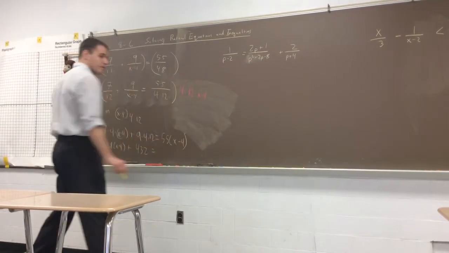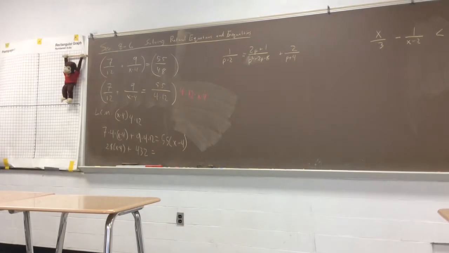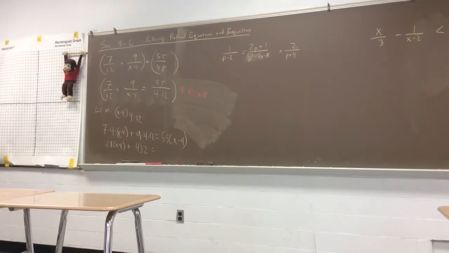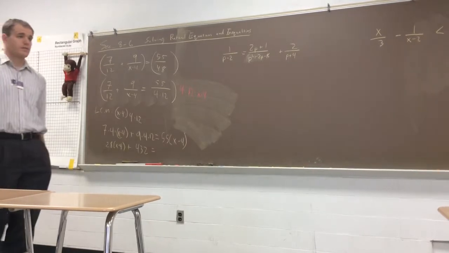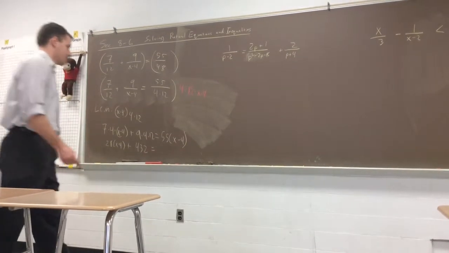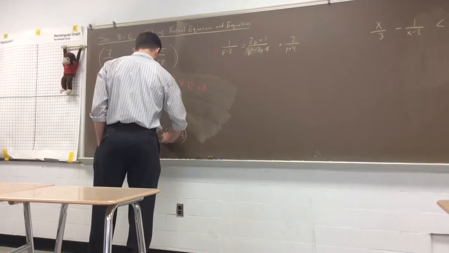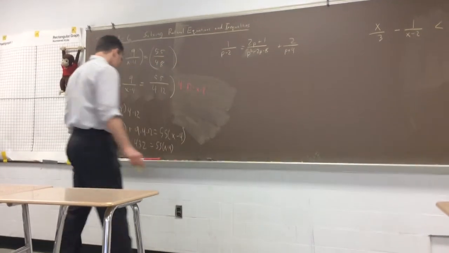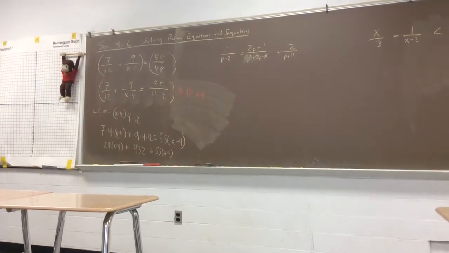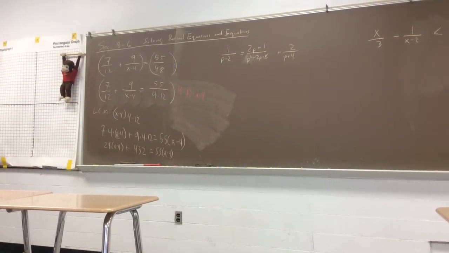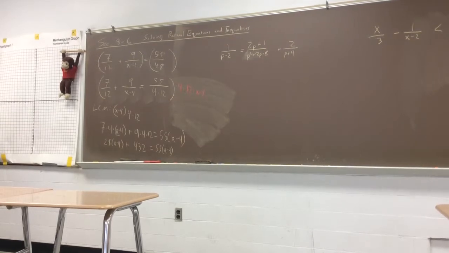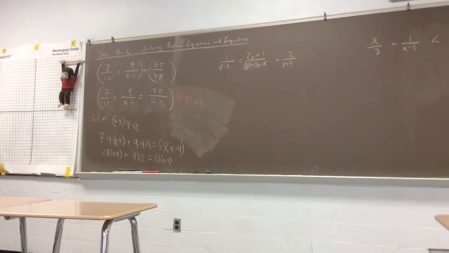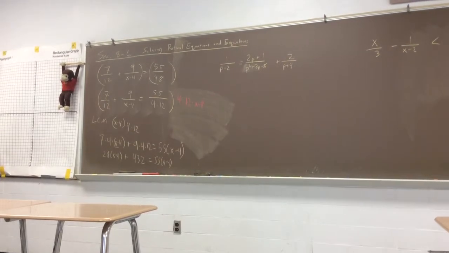Check me on that. 9 times 4 times 12. 432. Ooh, yeah. Then 55 times x minus 4. I'm assuming you can solve it from there. Do I need to show the distribute and combine like terms and all that? No? Great. We won't then.